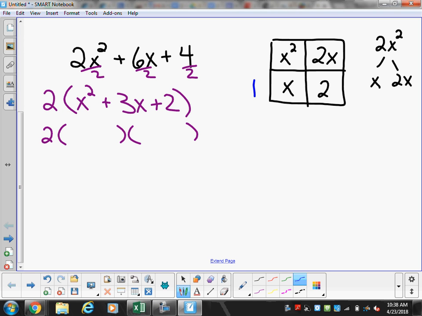That top row, x squared and 2x. The only thing they have in common is an x. That's going to be the same thing on this first column, x squared and x. And then hopefully you can see this one is a 2.